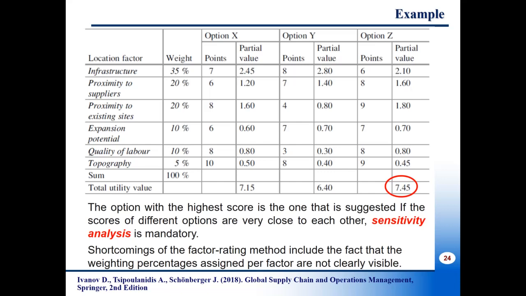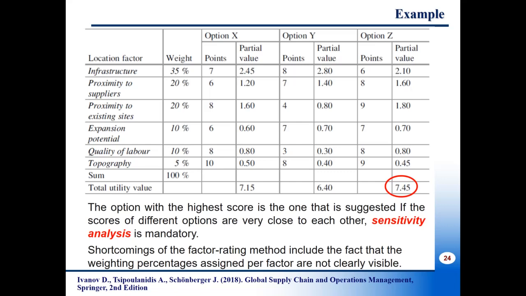And also proximity to suppliers: X got score 6, Y 7, and Z 8, meaning that in terms of proximity to suppliers, Z is the best. And other factors are evaluated in the same way by a panel of experts.